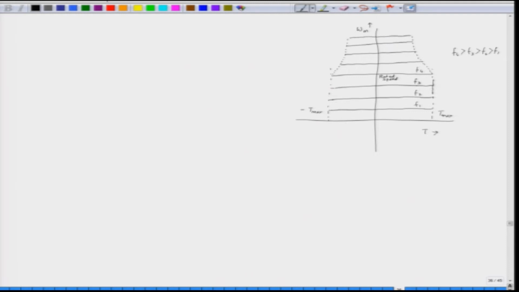So this is f 5, f 6, f 7, f 8. We can say that f 8 is greater than f 7, greater than f 6, greater than f 5, which is greater than of course f 4. This zone is called the field weakening zone from this point onwards.